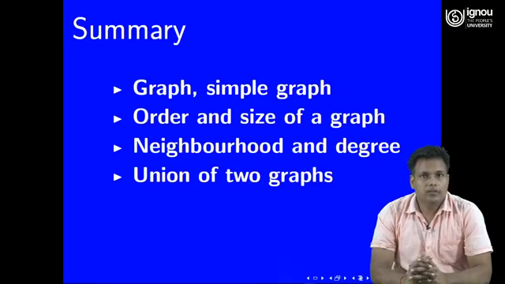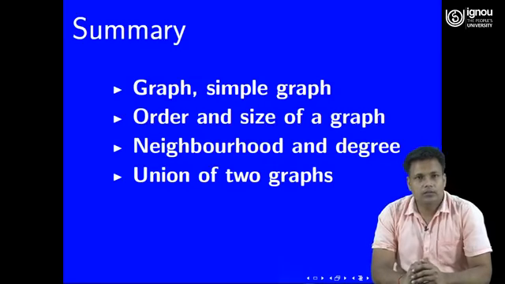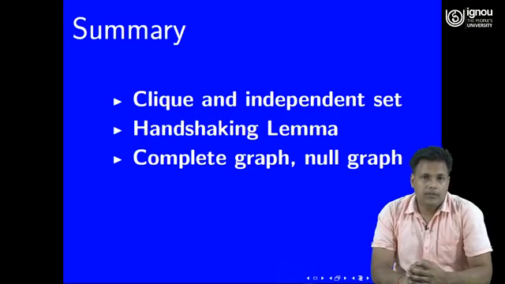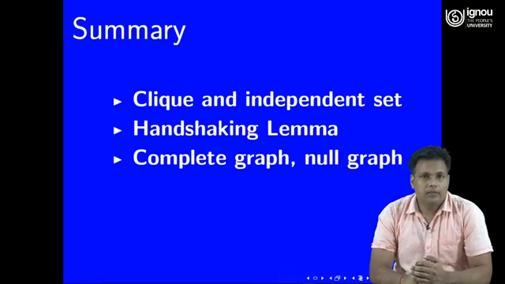For example, we have defined what we mean by a simple graph, what is the order and size of a graph, what are neighborhoods and degrees, how to find the union of two graphs, what are cliques and independent sets, and we have discussed a fundamental result related to graph theory, namely the handshaking lemma. We have also looked at what we mean by a complete graph or a null graph.